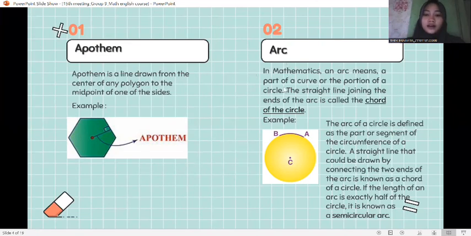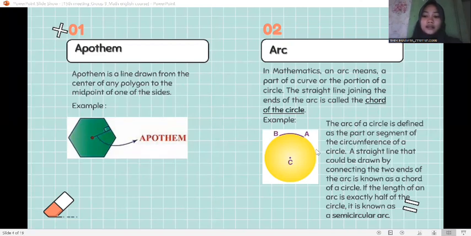Next is arc. In mathematics, an arc means a part of a curve or the portion of a circle. The straight line joining the ends of the arc is called the chord of the circle. From the picture here, we have the information: the arc of a circle is defined as the part of the circumference of a circle.